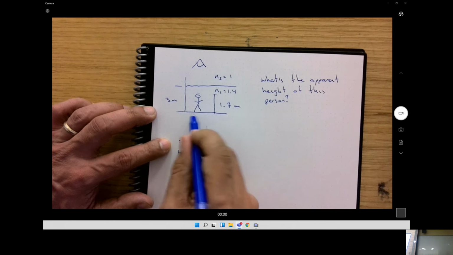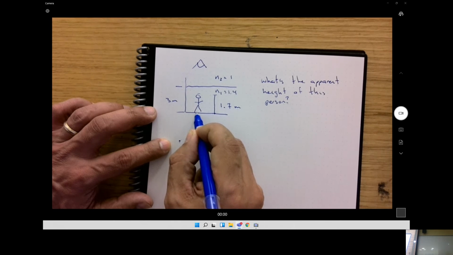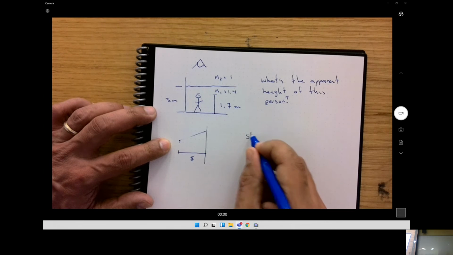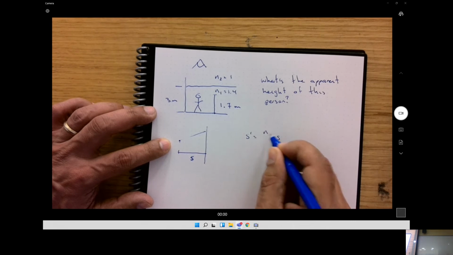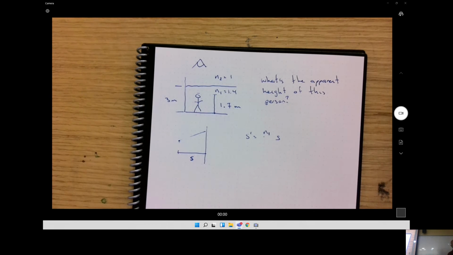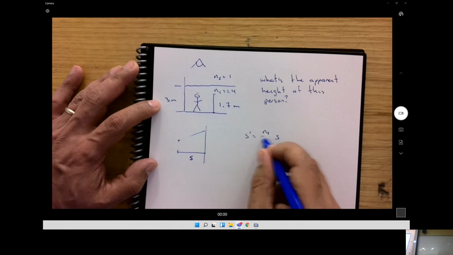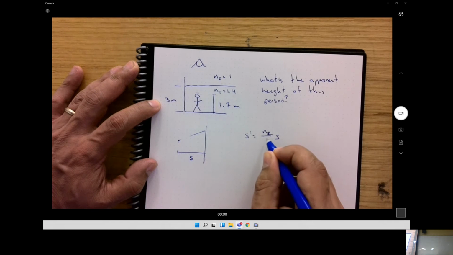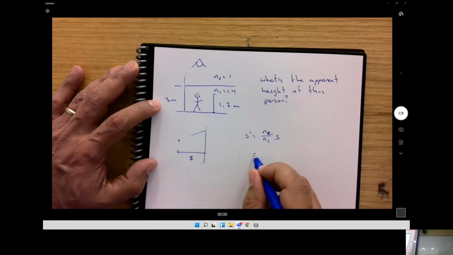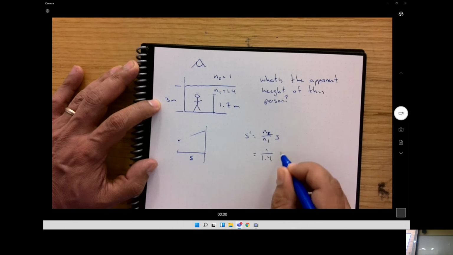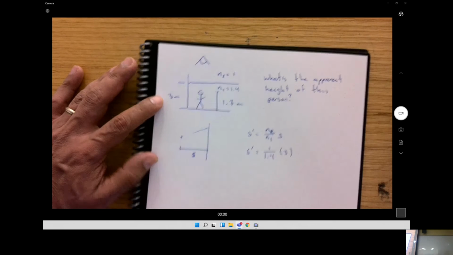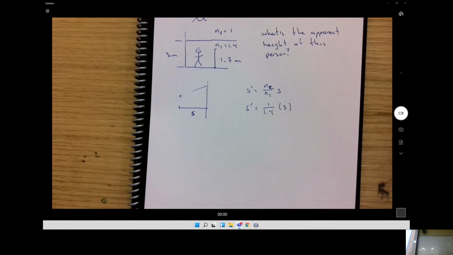For the floor, S is going to be 3 meters. So this will be 1 over 1.4 times 3 meters, and that's the distance at which the floor is going to appear. I'll let you guys do that. I don't have my calculator and I don't have my phone.